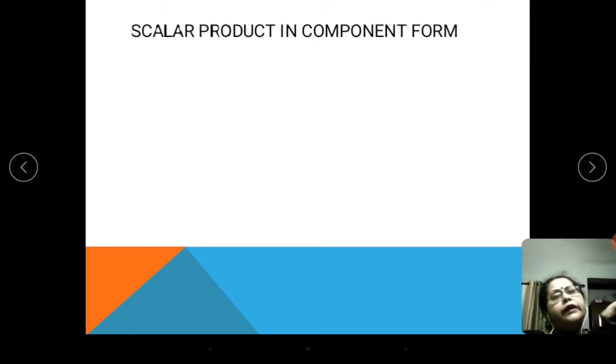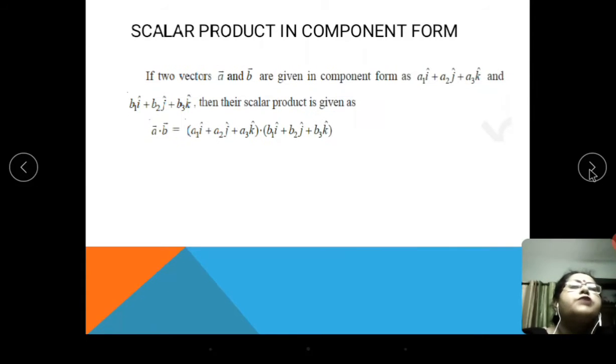Now suppose we have two vectors a and b written in component form as a1 i plus a2 j plus a3 k, and b as b1 i plus b2 j plus b3 k. Then their scalar product, going via the definition, a dot b will be (a1 i plus a2 j plus a3 k) dot (b1 i plus b2 j plus b3 k).